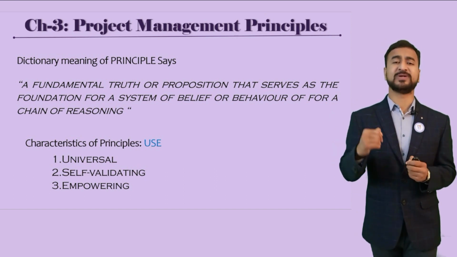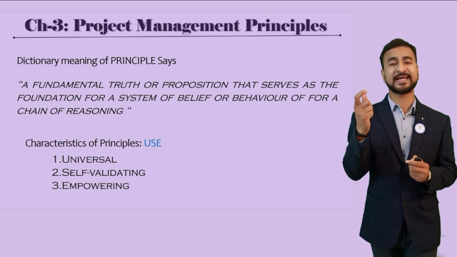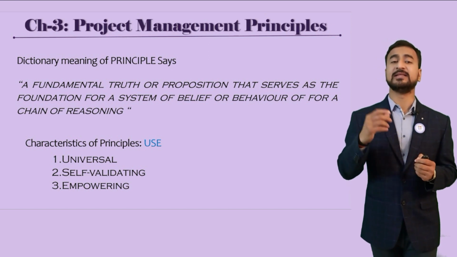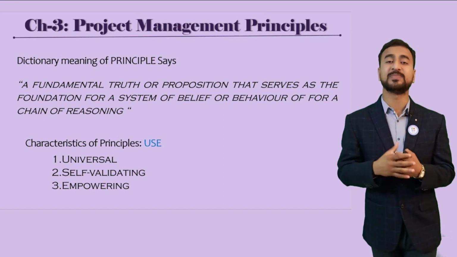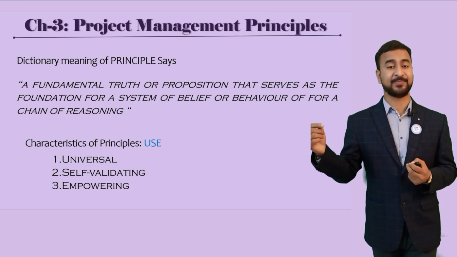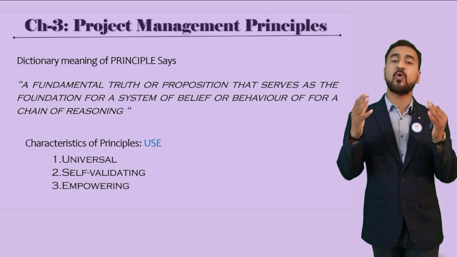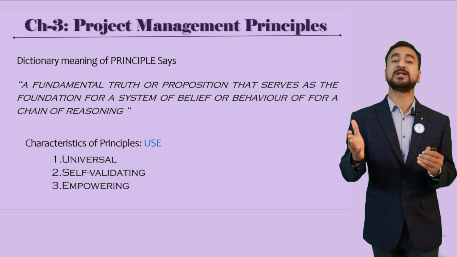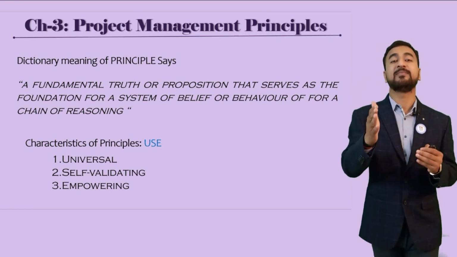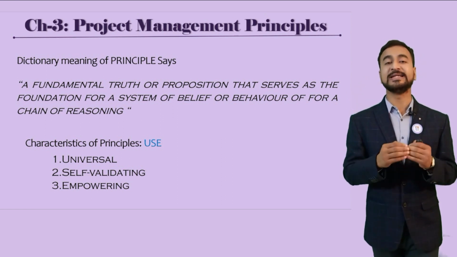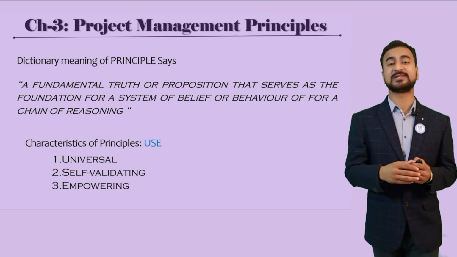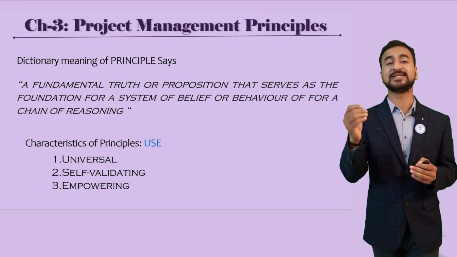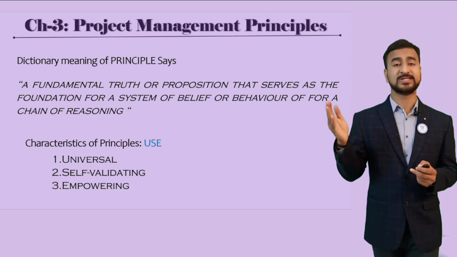Any principles you take, there are some basic characteristics that remain intact. The acronym to remember the basic characteristics associated with a principle is USE. U stands for universal. All principles are universal, meaning they are applicable irrespective of the industry in which you are working, whether you are executing a civil project, an IT software development project, or launching a satellite.